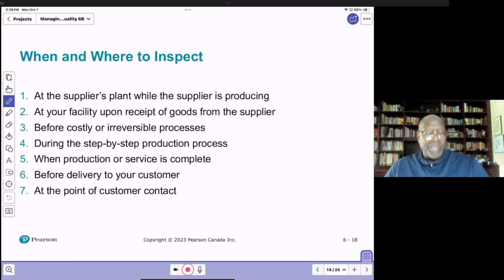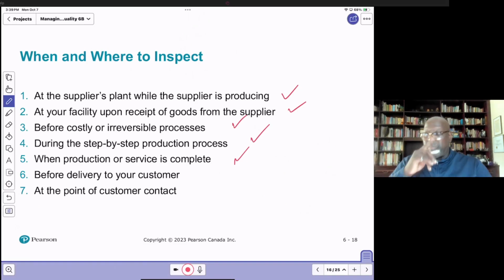So what are some places that we could actually inspect? At the supplier's plant, while the supplier is actually producing, to see what might be going on. At your facility, when you receive the goods, to see if there's a problem when the goods are received and put away. Before costly or irreversible processes, during the step-by-step production process, when the production or the service is complete.